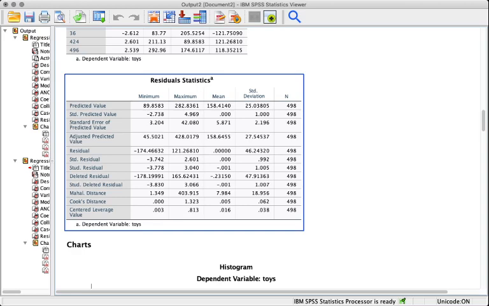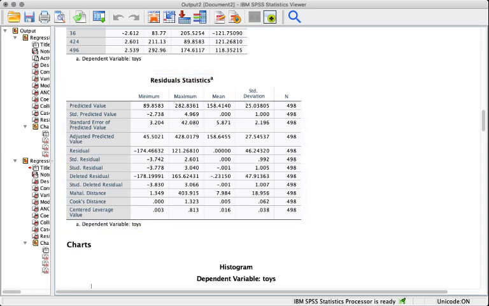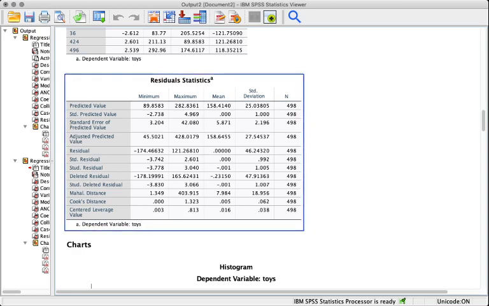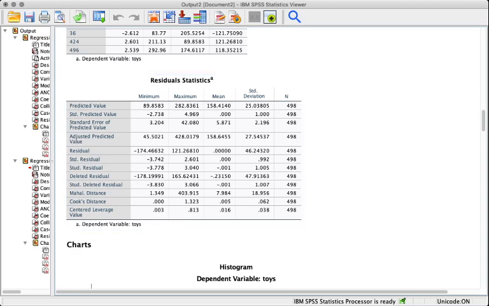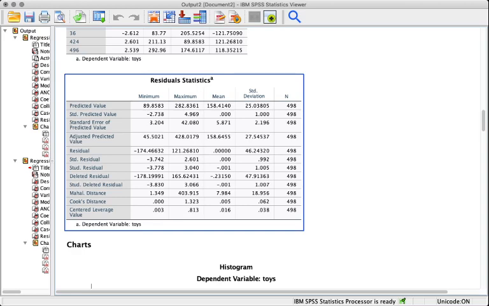Then we have the statistics about the residuals. We don't need to really look at these too much. These are essentially those values that we talked about last time for finding influential observations and outliers. These are all the different ones, and it just gives you descriptives for those.